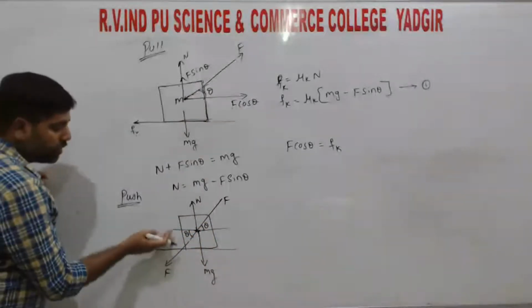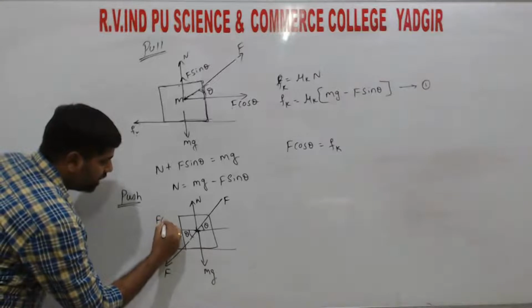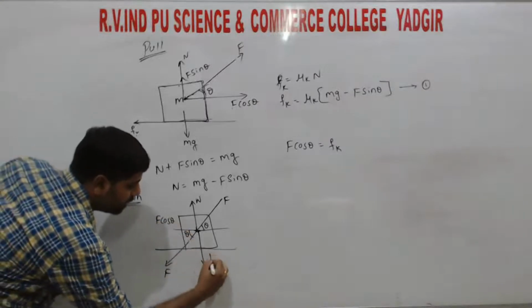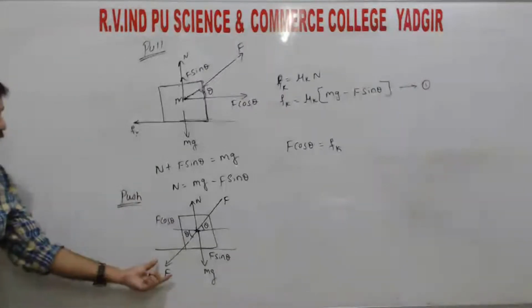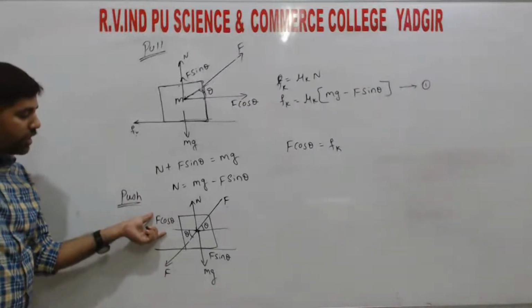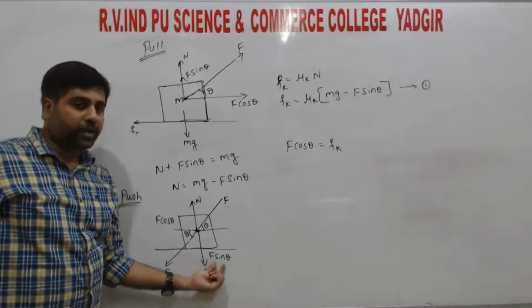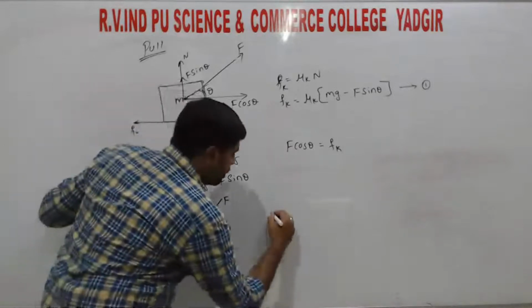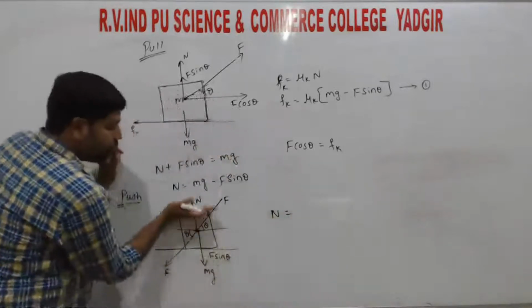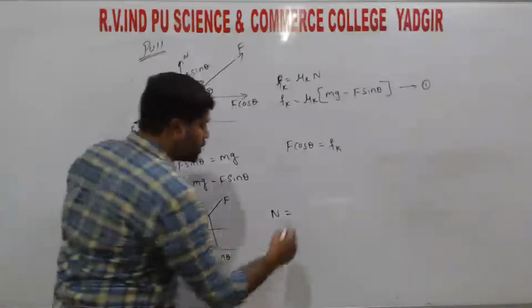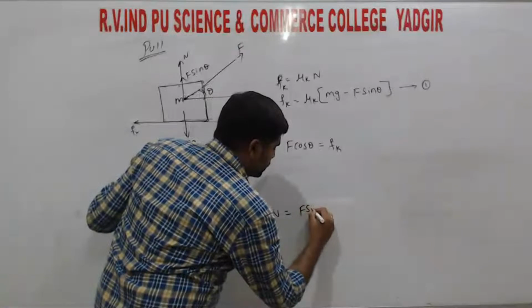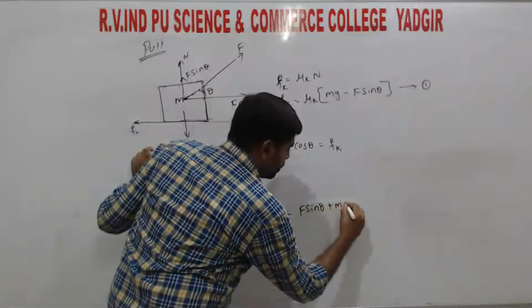Now resolving this component, here we get f cos theta, here we get f sin theta. So if we resolve the force, horizontal is f cos theta and vertical is f sin theta. From this we can relate n, that is equal to the upward force, which equals the vertically downward force. The vertically downward force we have is f sin theta plus mg.